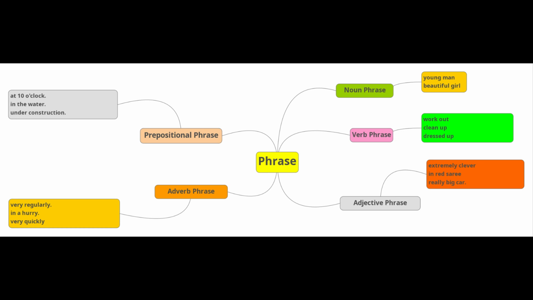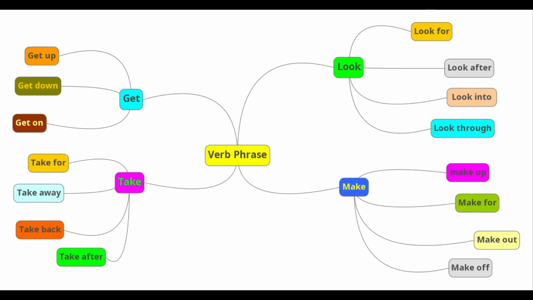There are many more examples of different phrases. Some more examples of phrasal verbs are, for example, look verb: look for, look after, look into, look through. For make verb: make up, make for, make out, make off.